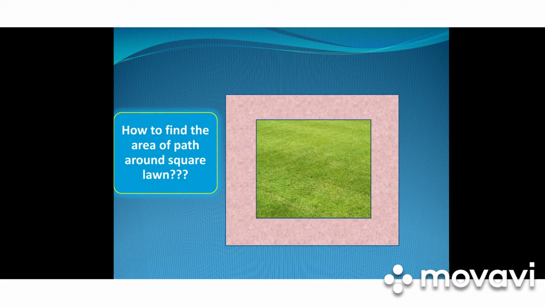I wanted to find only the area covered by tiles, that means my path area. How to find the area of the path around a square lawn? This is our today's topic. Let's enter into the topic.